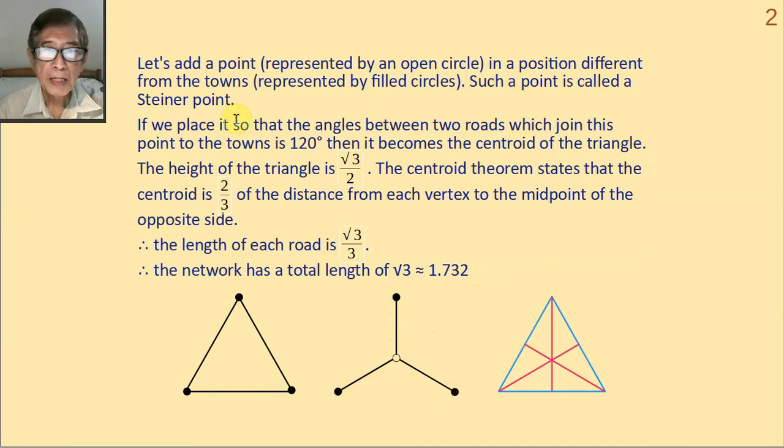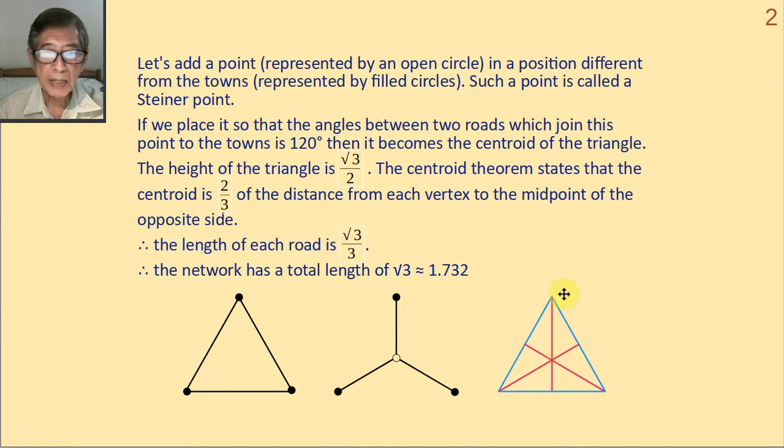Such a point is called a Steiner point. We place it so that the angles between two roads which join this point to the towns is 120 degrees. Then it becomes the centroid of the triangle.